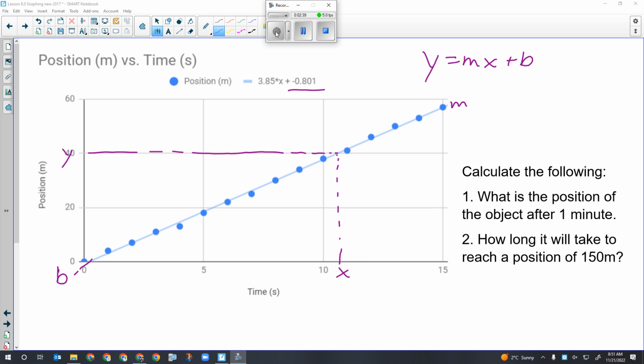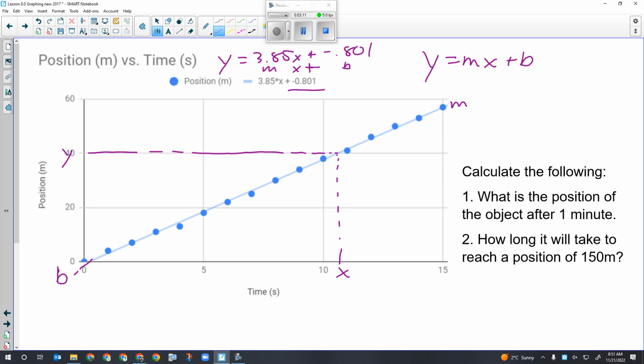In this case, the equation for this graph is y equals 3.85 times x plus negative 0.801. This is our slope, this is x, this is b. Everybody with me so far? So the first question wants to know, what is the position of the object after 1 minute?